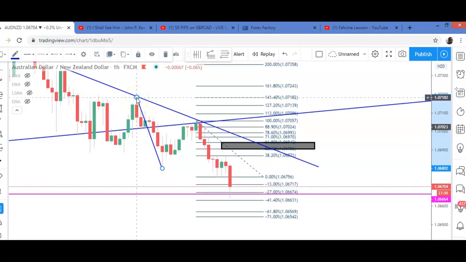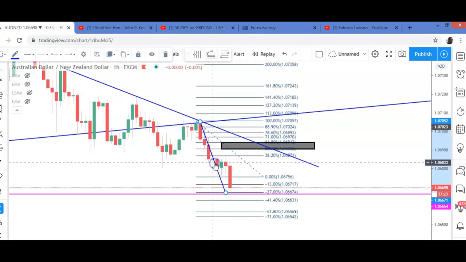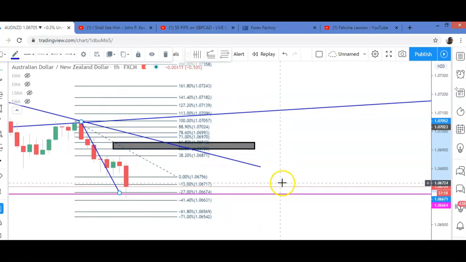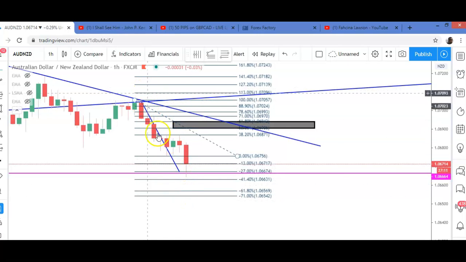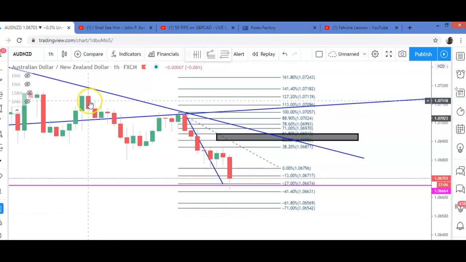So I like to include the wicks. By including the wicks in this one, hopefully you can see this well, going from the top of the candle down, you can see that this line is basically at the 2.7. So this and this are just about equal.